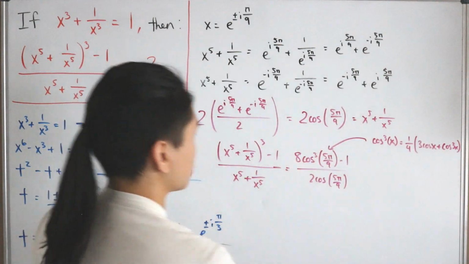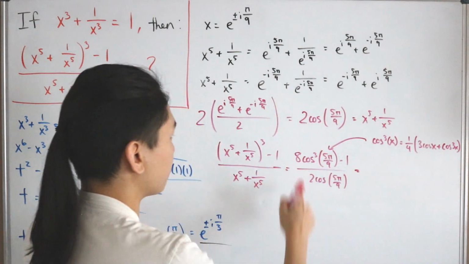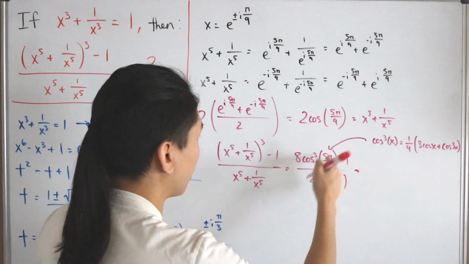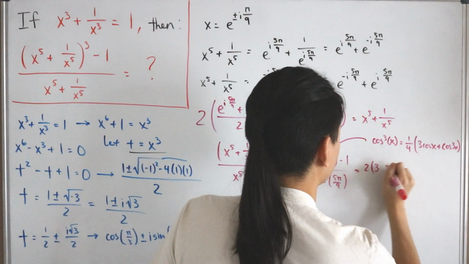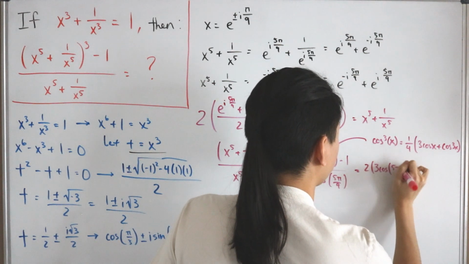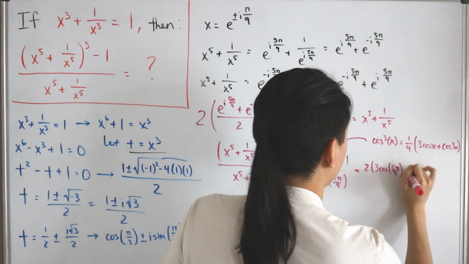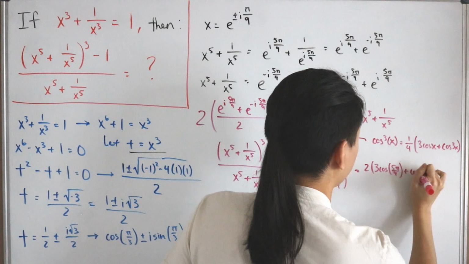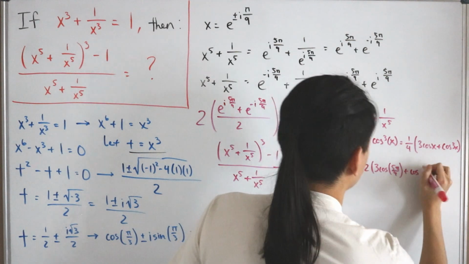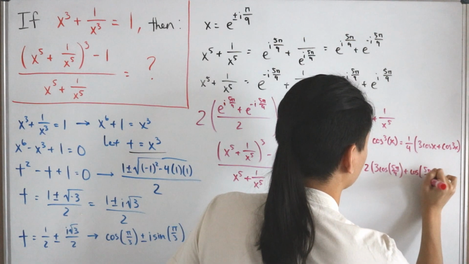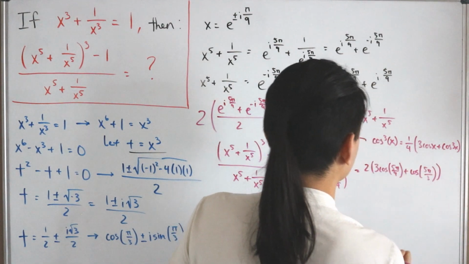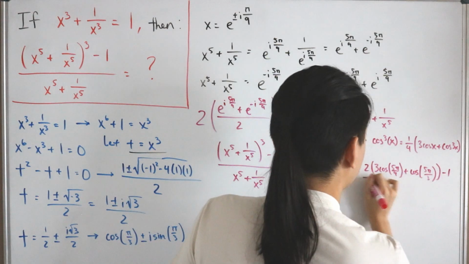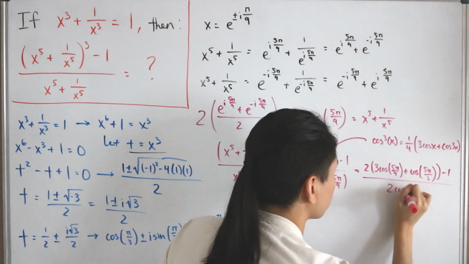We can plug that substitution back in: 8 cosine cube of 5 pi divided by 9 is the same thing as 2 times 3 cosine of 5 pi divided by 9 plus cosine of 5 pi divided by 3. Then of course we subtract 1, and the denominator is the same, nothing has changed.